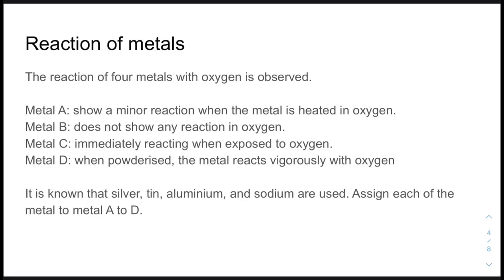Metal C reacts immediately when exposed to oxygen. Metal D, when powdered, reacts vigorously with oxygen. It is known that silver, tin, aluminum, and sodium are used. Assign each of the metals to metal A to metal D.